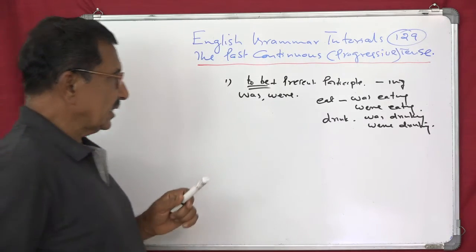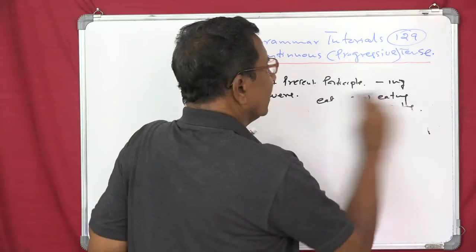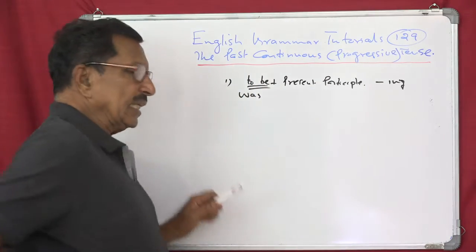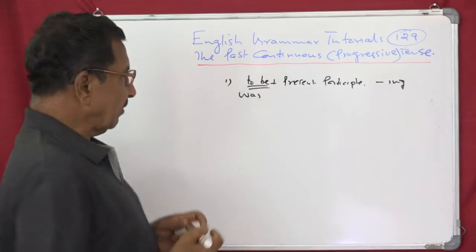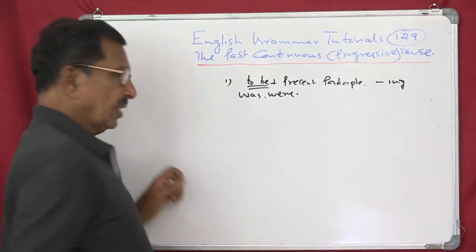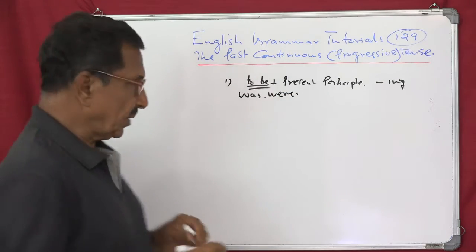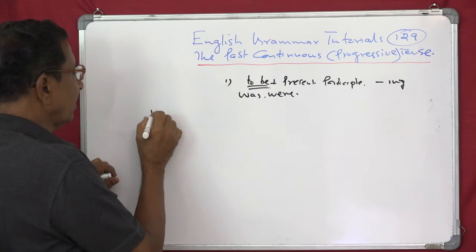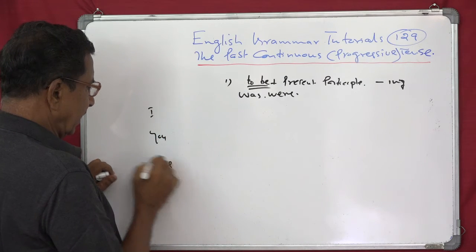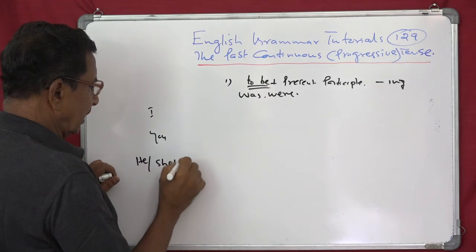Now, what is our second step? Our second step is distribution. Where can we distribute? We have only 6 places. You remember those 6 places? First person singular, second person singular, third person singular: he, she, it.